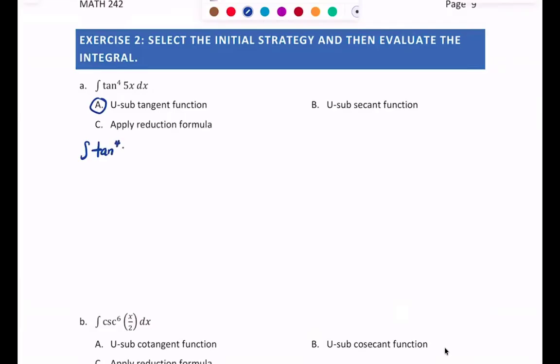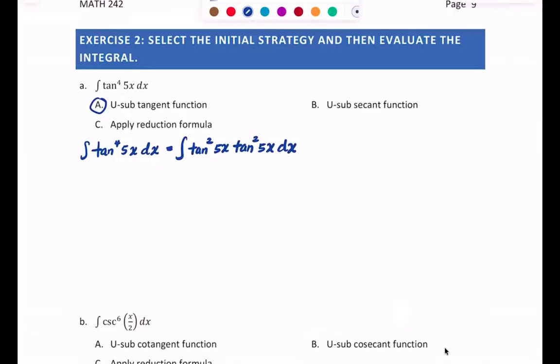Okay, so this is a concrete example. We talked about the strategy just now. Let's do one concrete example, okay? So u sub tangent, and the du is what? Secant squared, so we've got to take out 2 of the tangent because we need to get ready for the u substitution. Okay.